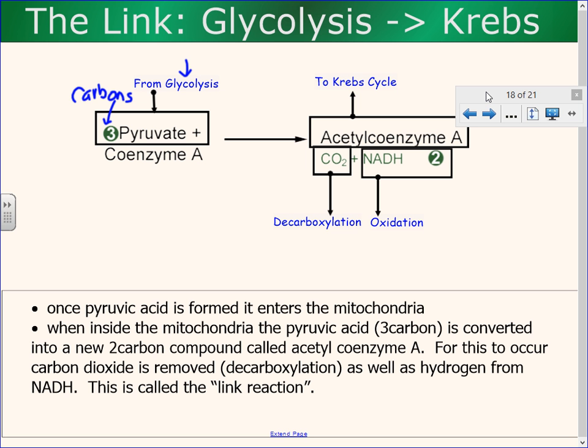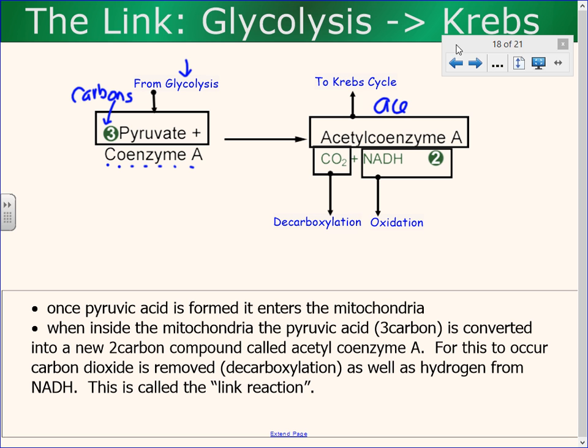Pyruvate undergoes a reaction with something called coenzyme A. The result of this is that I get acetyl coenzyme A, which is sometimes just referred to as acetyl-CoA to make it a little shorter. This 2 is referring to the fact that there are now only 2 carbons. So I have essentially taken off a carbon from my molecule of pyruvate.